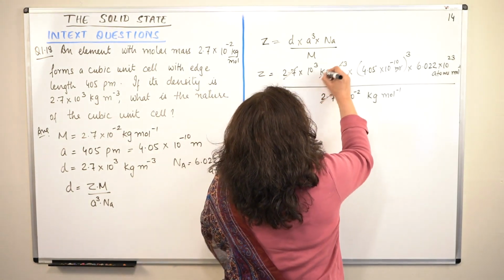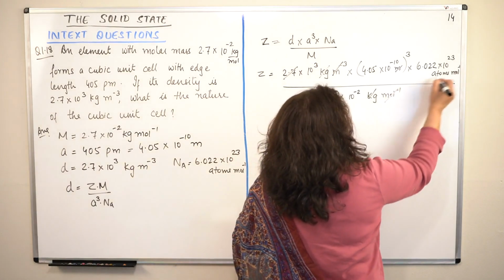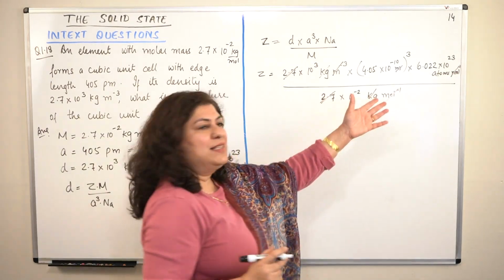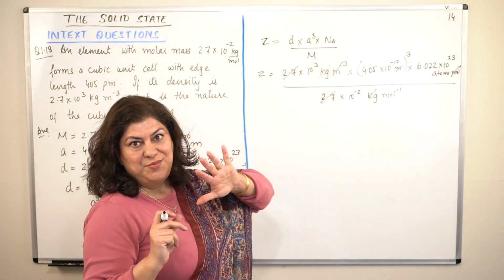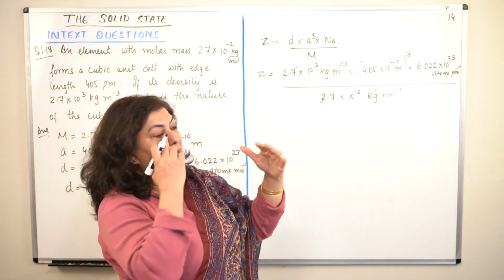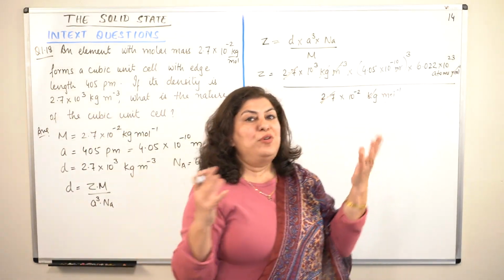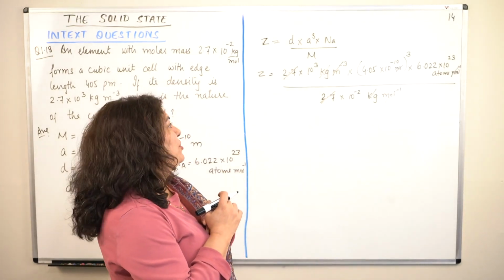So kg and kg will get cancelled here. Per mole here and per mole gets cancelled here. Atoms is nothing but a number. So now we have no units. Atoms is the number of atoms in one unit cell. So we have plugged the values correctly.